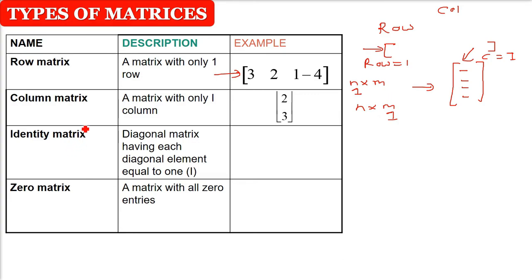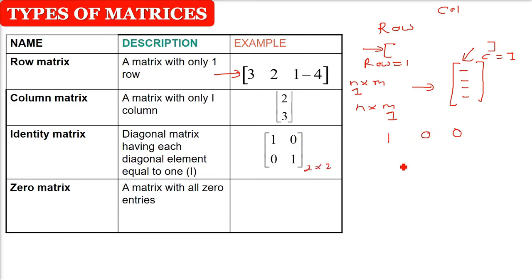Identity matrix. Now this is a special type of matrix, a square matrix, where all the diagonal elements should be 1. This is also a scalar matrix. Identity matrix is a scalar matrix also. It's a diagonal matrix, but it is a special kind of diagonal matrix where all the elements in the diagonal are 1. I'm making a 3 by 3 matrix.